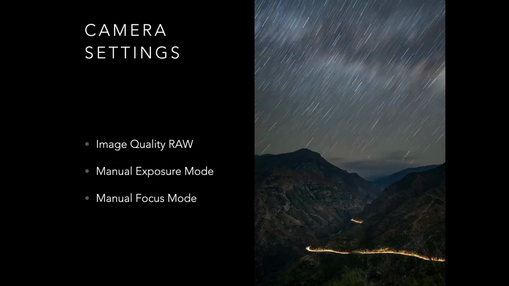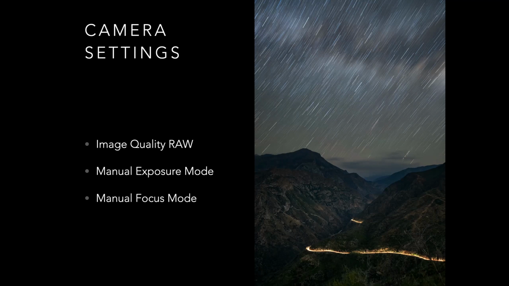All right, so in terms of camera settings, number one is that we want to be shooting raw. I think, these days, most people are shooting raw anyway. I don't meet a lot of people shooting JPEG anymore. If you need to shoot JPEG for some particular reason in other areas of photography, then by all means do so.